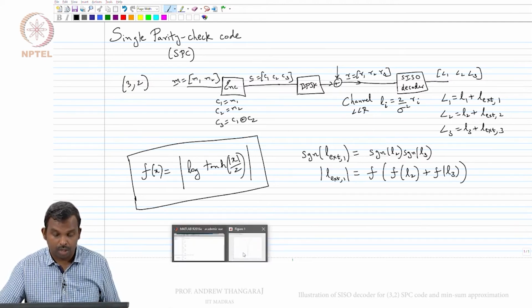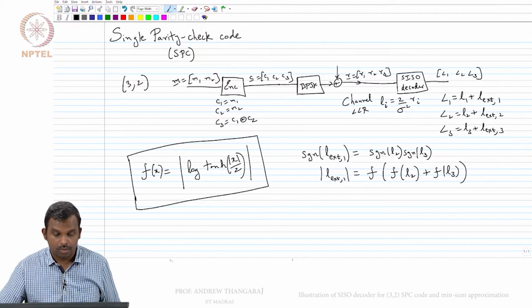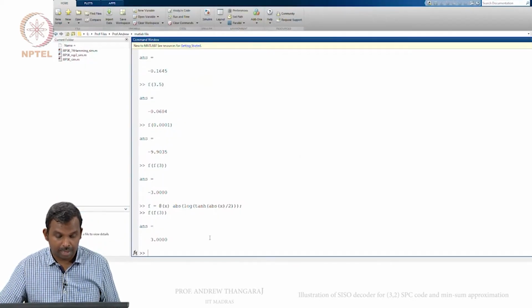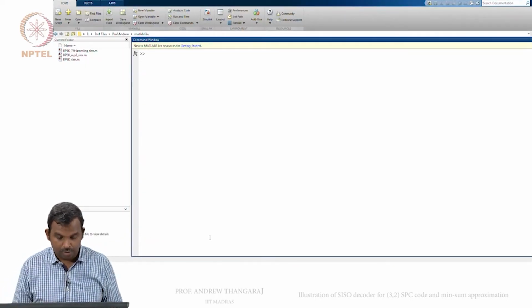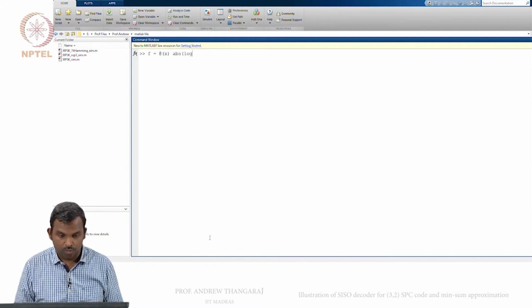Okay, so we're going to go there. Let me go to my MATLAB screen. The first thing we'll do is define this function f, which, like I said, is the absolute value of log of tanh of absolute value of x by 2.